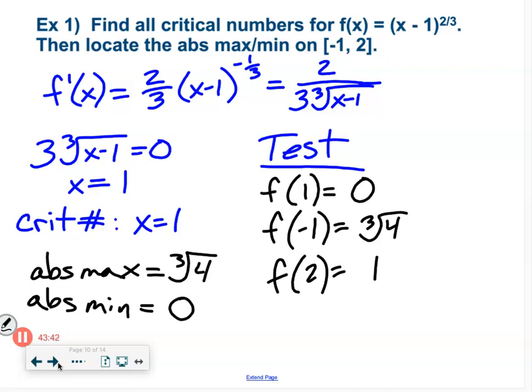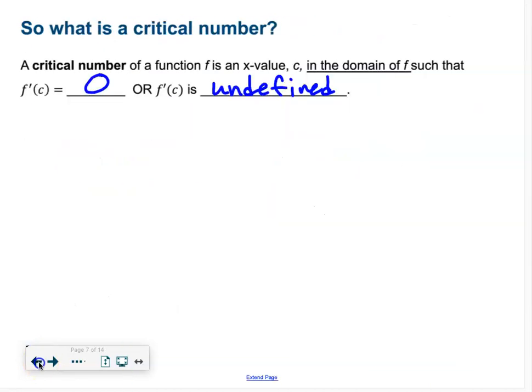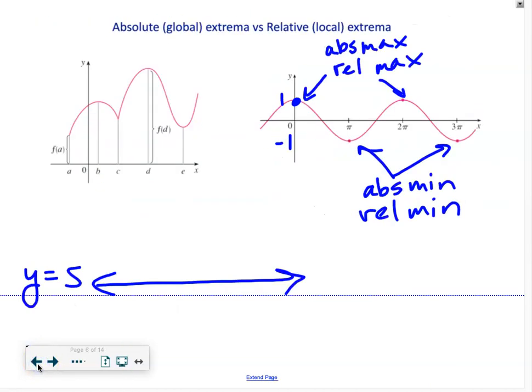Does everyone understand the process? Yeah, Tarun. I don't get why we set it equal to 0 for the denominator. Okay, so every max or min has to occur at either a critical number where the derivative is 0 or undefined, because undefined could be a sharp turn, right? At either a critical number or an endpoint.